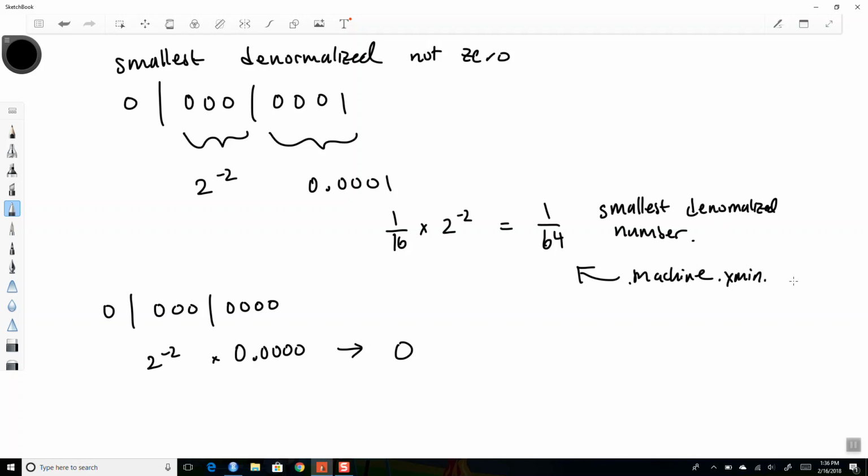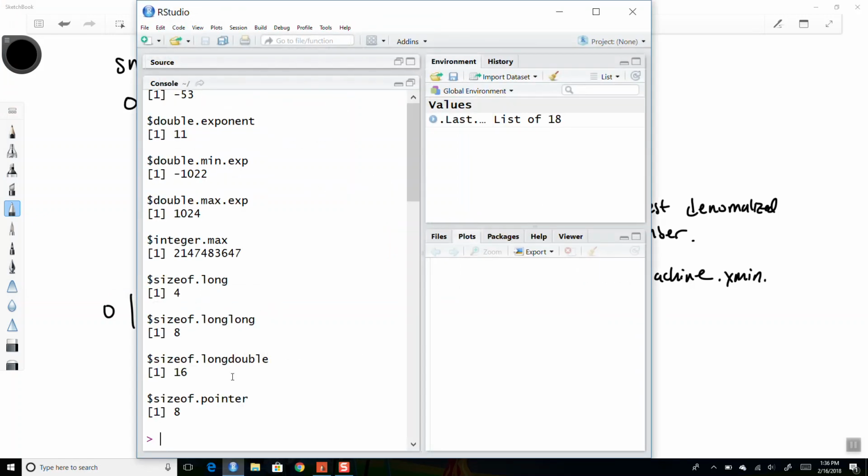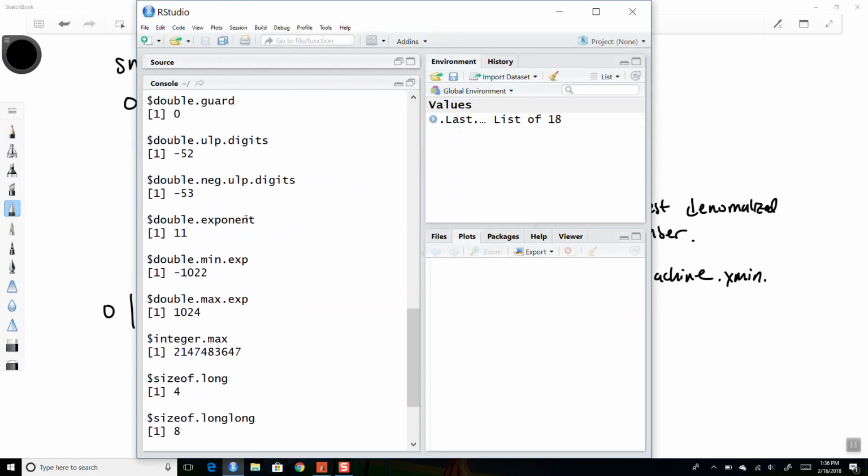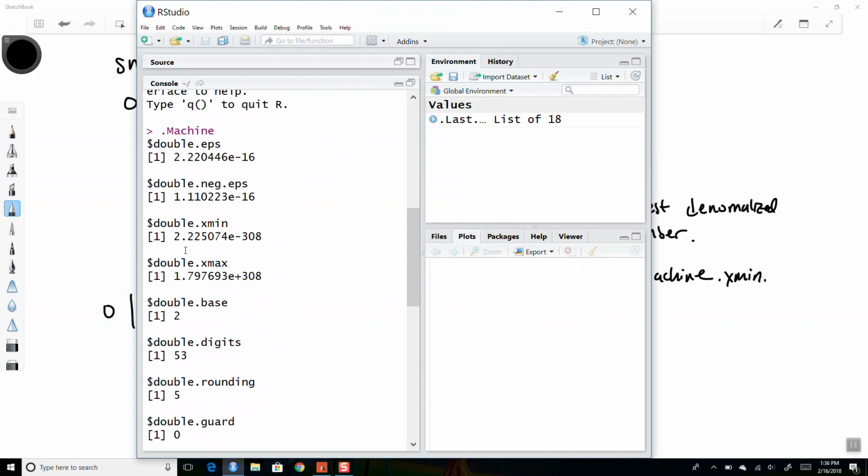This is the smallest value we can represent, and on our computer that is 2.2 times 10 to the negative 308.